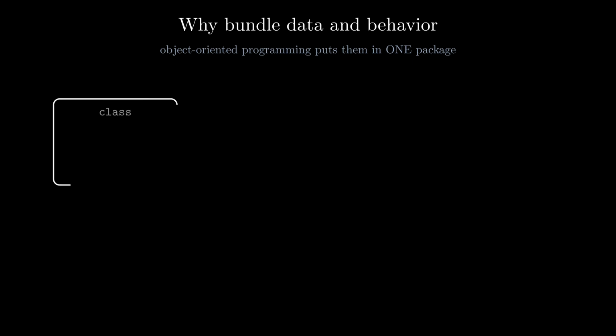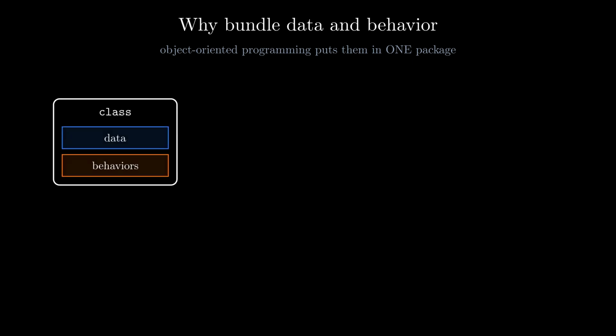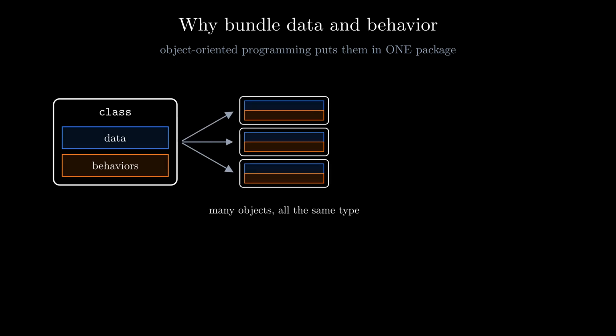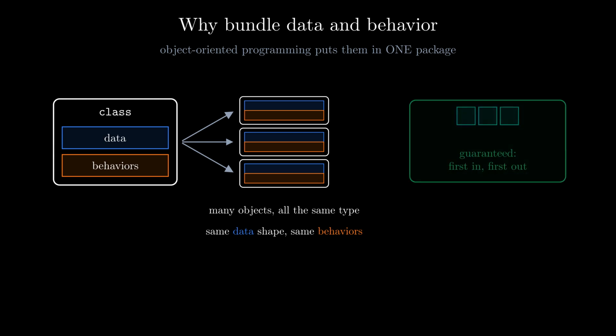The reason for all of this, object-oriented programming bundles data and behaviors together into one package that lets us create many objects of the same type that all function the same way, consistent in the data that represents them, and consistent in the way we use them. We know for certain that our queue behaves first in, first out.